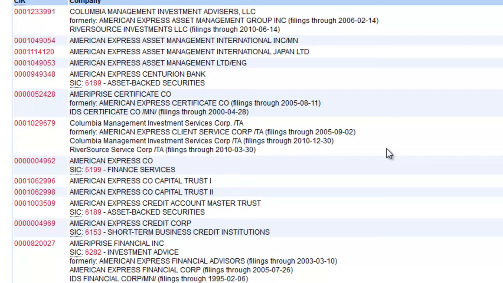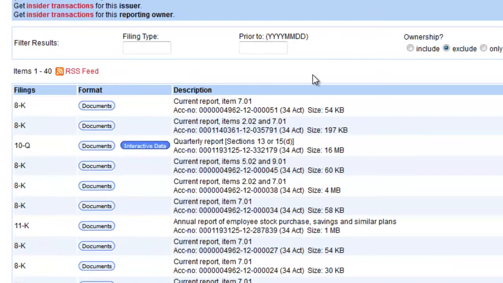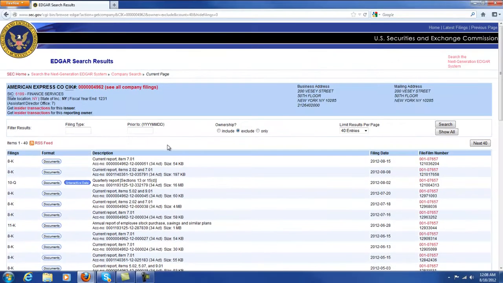So to be taken to the same page, we have to locate the company that we're looking for, and I am pretty sure, going down the list, that this is the company that we're thinking of. So let's go ahead and try it. Yes, this is exactly the same page that we were on before.